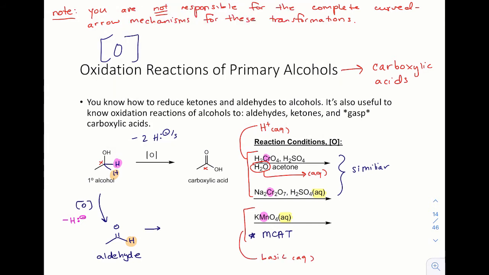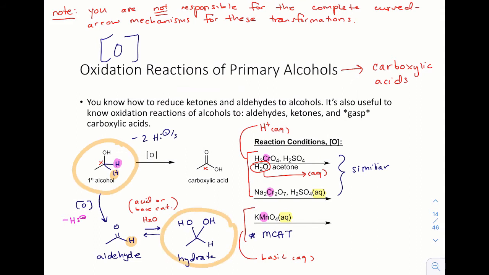Either when there's an acid catalyst and water around or a basic catalyst and water around, you know that aldehydes are in equilibrium with what? Hydrates. Just take a look at the hydrate. A hydrate looks really similar to the alcohol. I bet when you first encounter hydrates, you may have even called them alcohols or called them double alcohols or something.